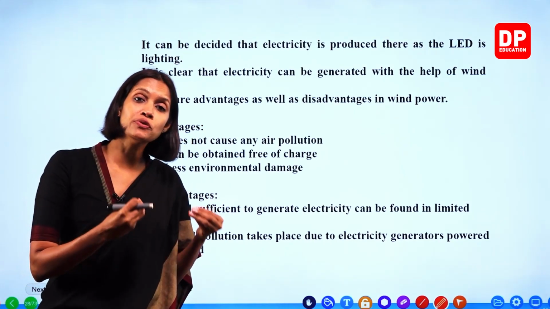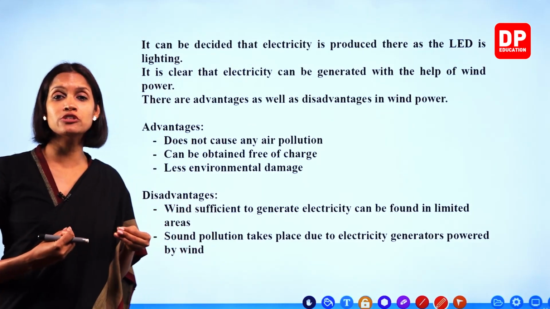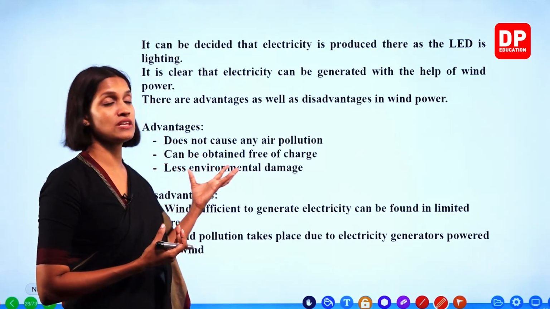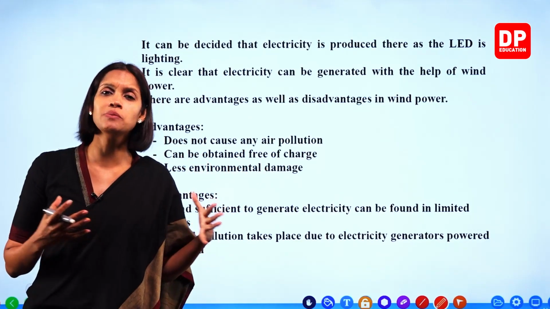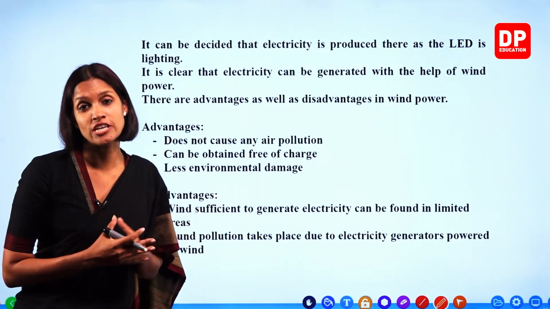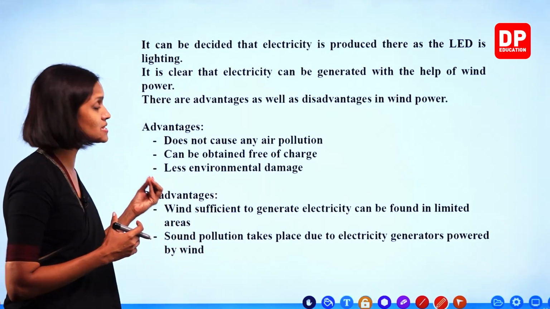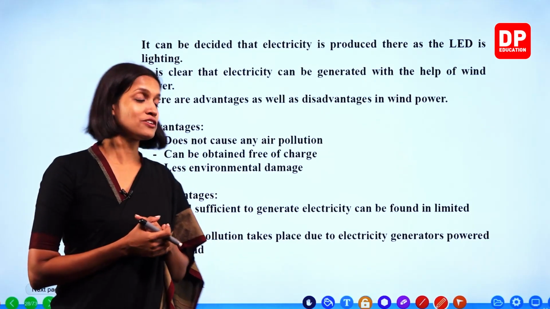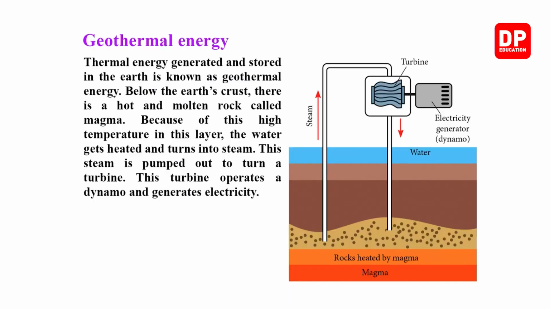When we burn fuel, most of the time air gets polluted because of the harmful gases released. But here, that type of thing does not take place, but at the same time, in that particular area, there will be a certain noise. Therefore, because of that noise, sound pollution takes place. Right, children? Okay, we'll move on to the next.